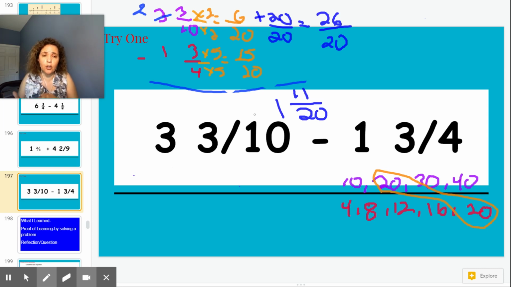So it's easier if you use your skip counting as opposed to using the opposite denominator. So that's why I'm telling you, don't use the opposite denominator. Use that as your last resort. Always try to do your skip counting because it's so much easier because then it's already simplified.